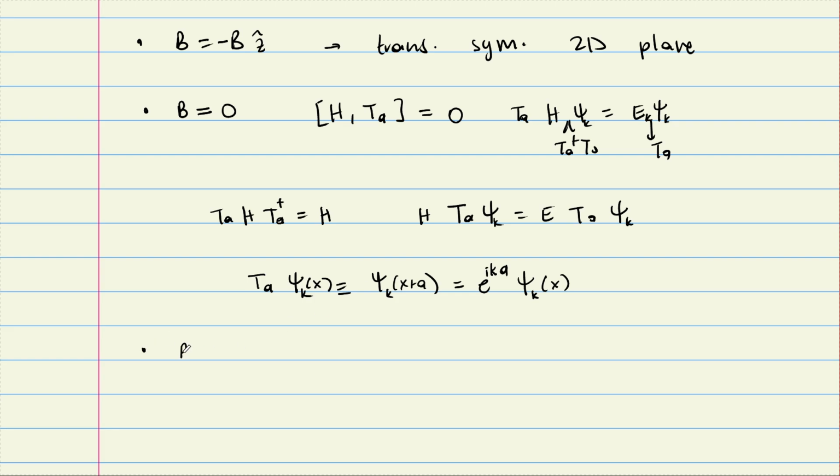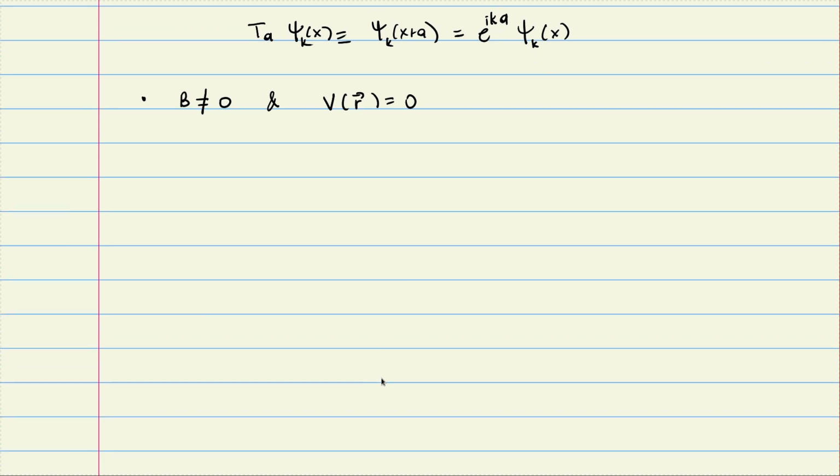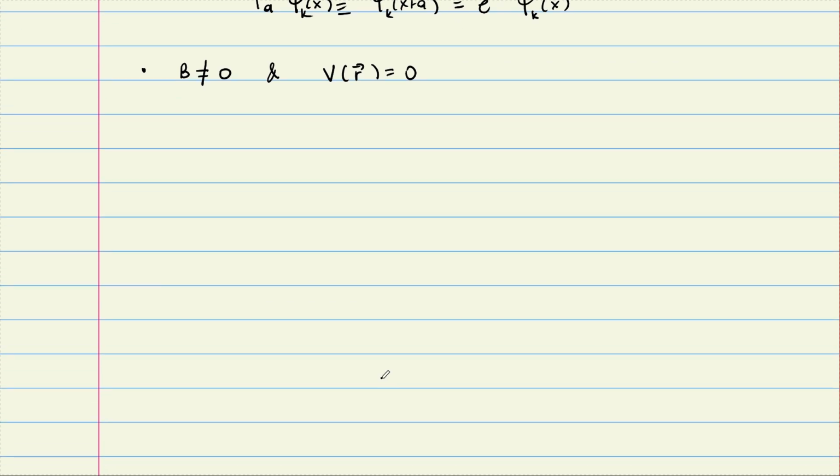Now let's think about B not equal to 0. For the moment, let me just take V, the external potential, to be 0, and I'm going to include the external potential towards the end. The Hamiltonian is H equals 1 over 2m times (P plus e over c A of r) squared.